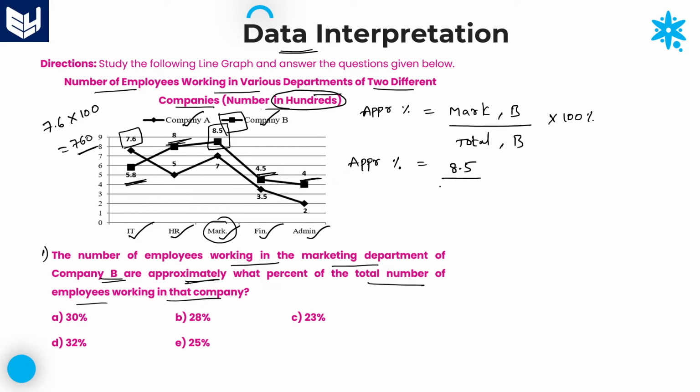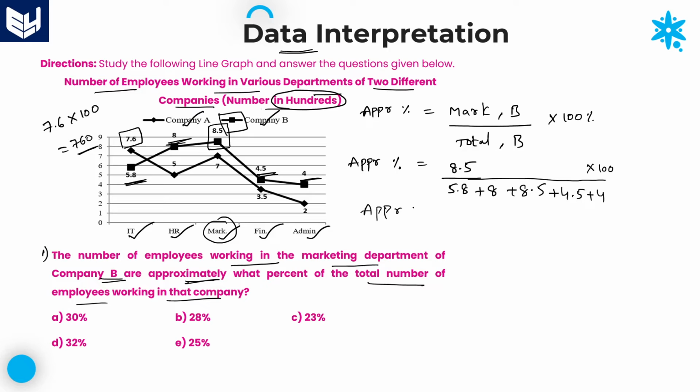Now you need to add all those values: 5.8 plus 8 plus 8.5 plus 4.5 plus 4, into 100.